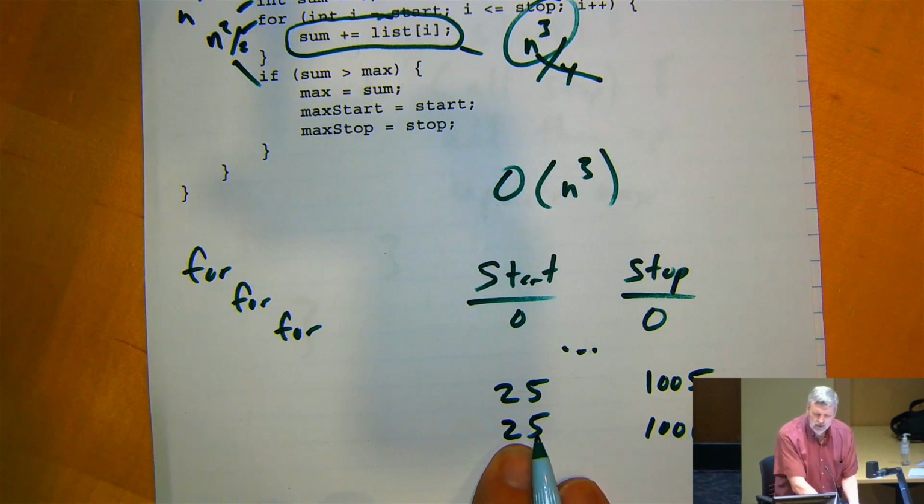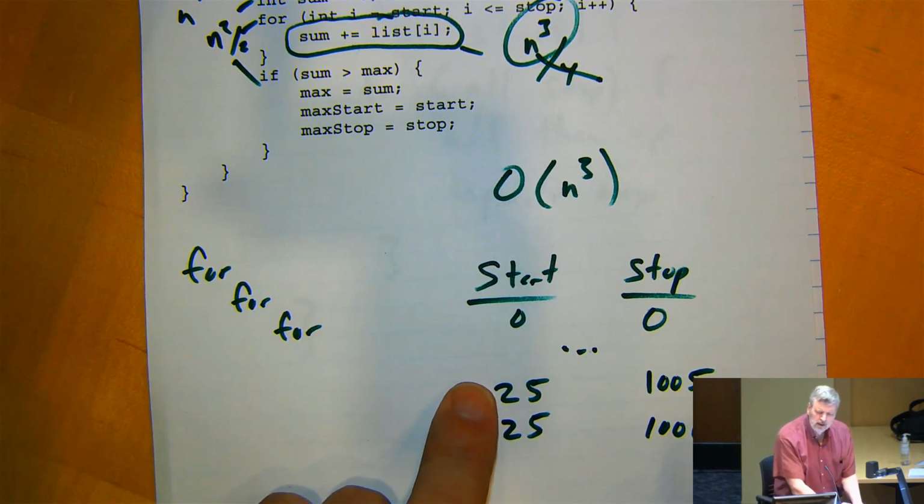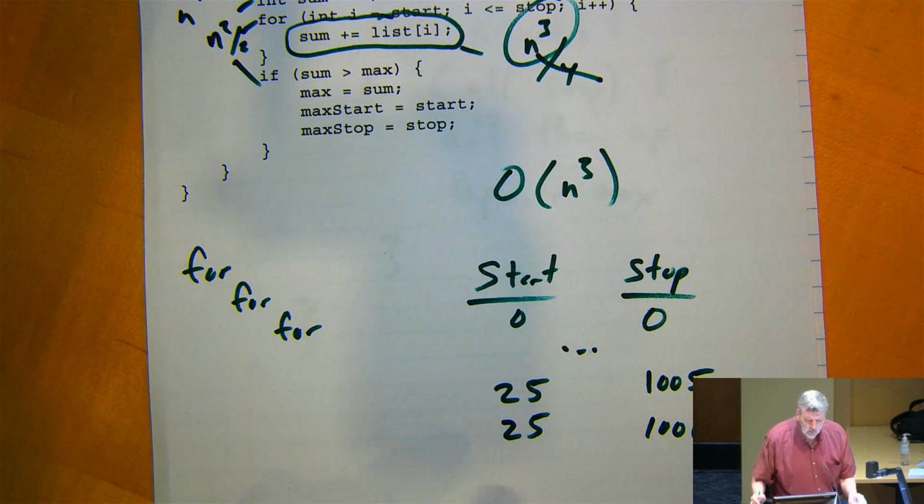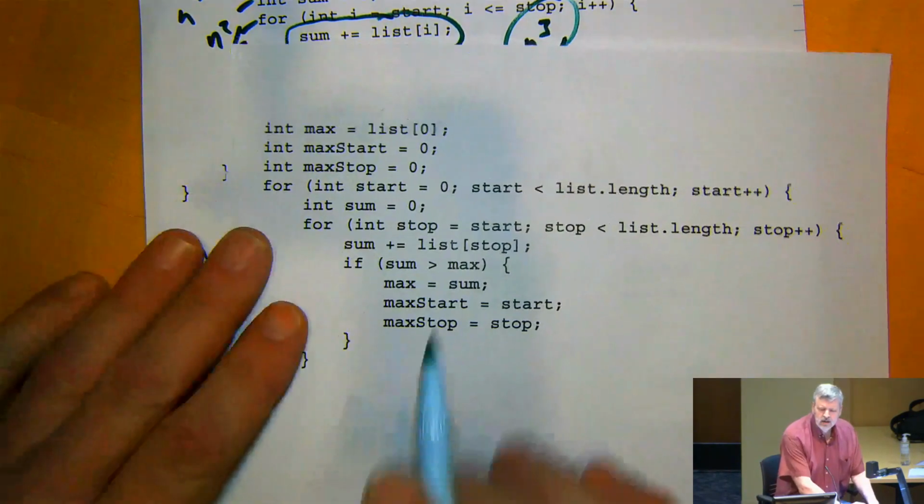But why do that? Why start all the way back at 25 and add up all of these things? Isn't the sum from 25 to 1,006 very similar to the sum from 25 to 1,005? I mean, they're identical, other than the fact that the sum up to 1,006 has one extra thing in it. So the way that we could improve this is by getting rid of the inner loop.